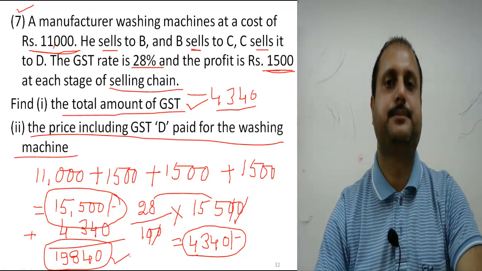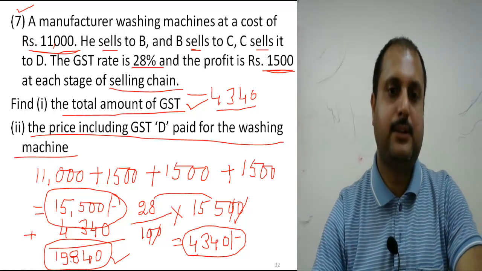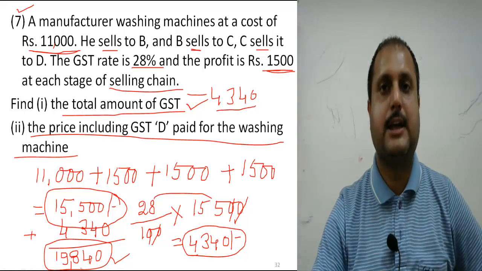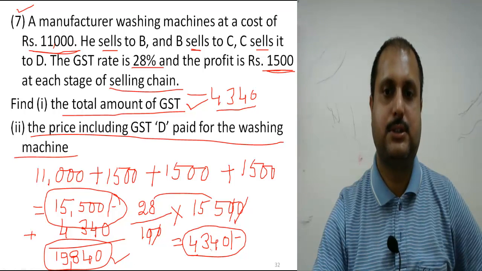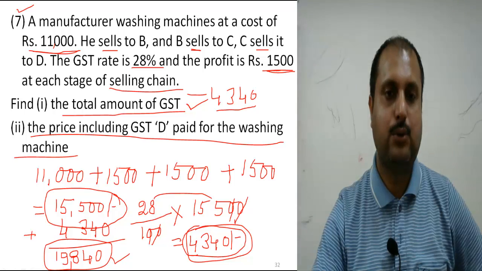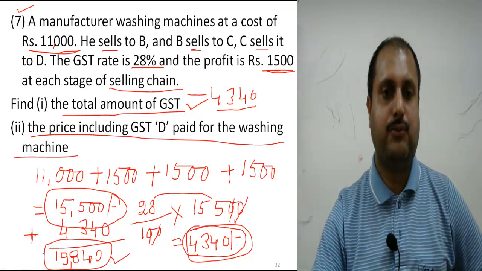I have added, so this is the amount, 19,840. So this will be the total amount D has paid including the GST. If you add the total amount with the GST, the total paid amount will come.